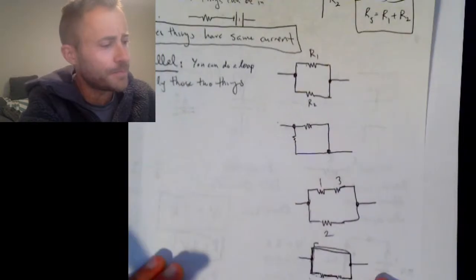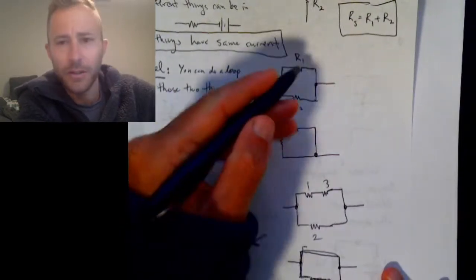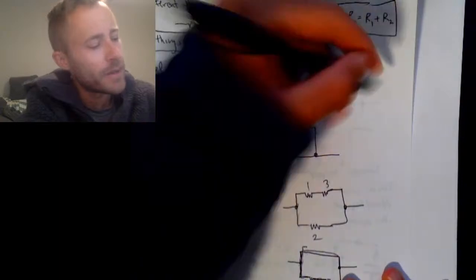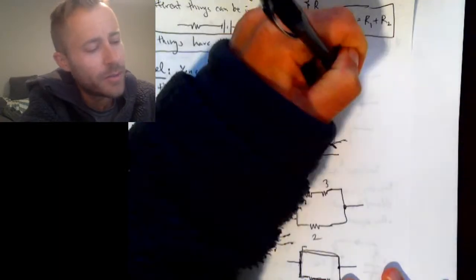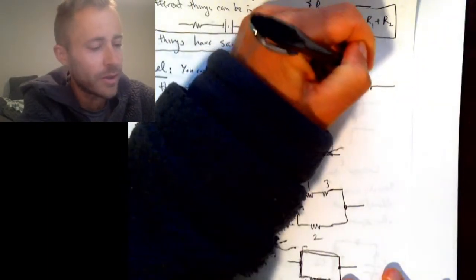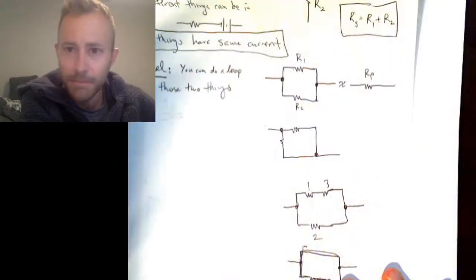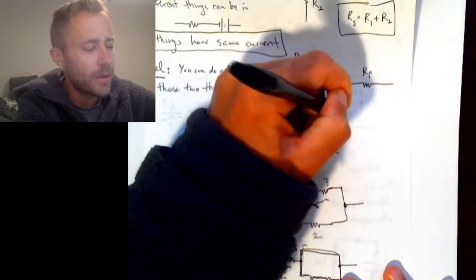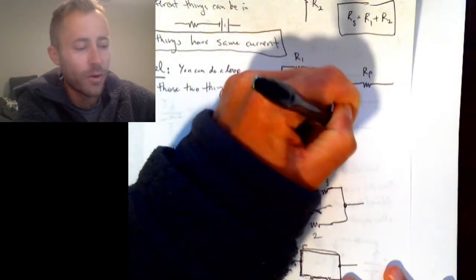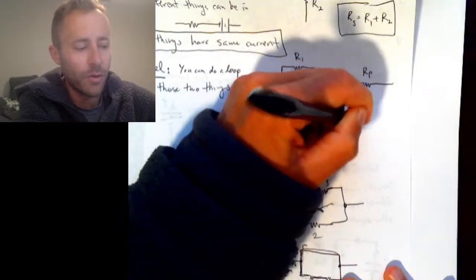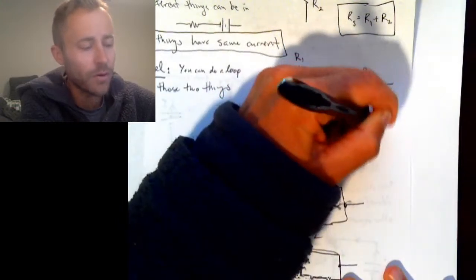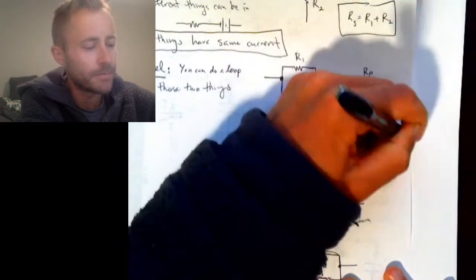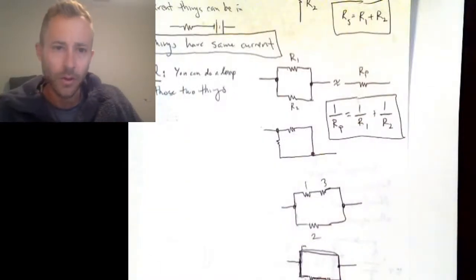Now, it turns out that from the perspective of a circuit, two things being in parallel means that they're equivalent to a single resistor. Two resistors in parallel are equivalent to a single resistor, which I will call R sub P. And the formula for R sub P is 1 over R sub P equals 1 over R1 plus 1 over R2.